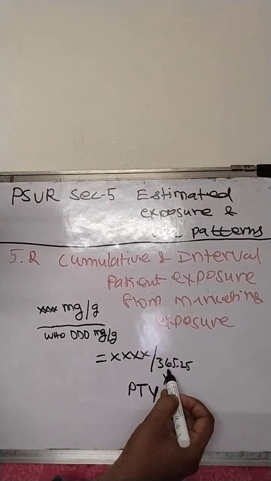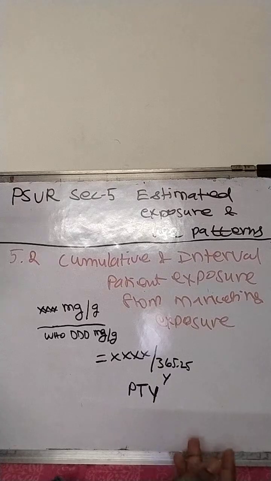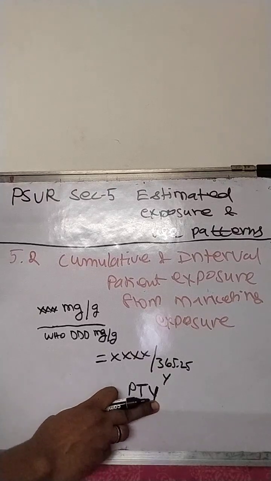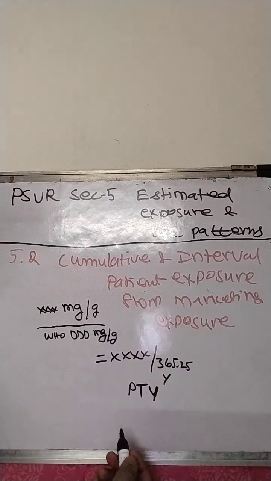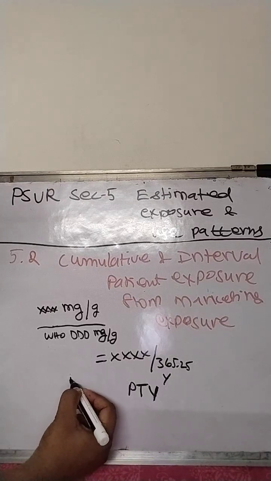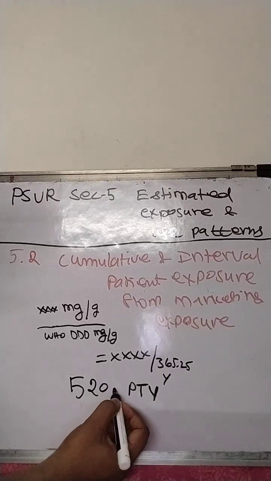And sometimes, instead of 365, they divide by 10,000, so that is 10,000 PTY. So there are different approaches; I'm not going into detail on that. This is how you derive a patient treatment year. What does it mean? For example, you derive 520 patient treatment years.